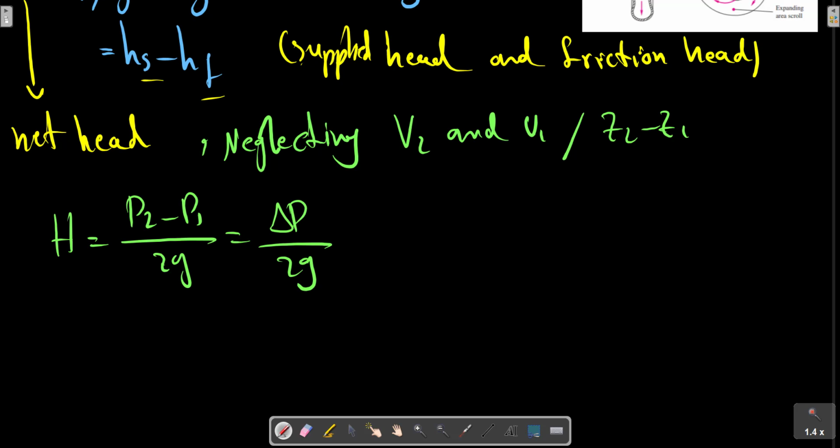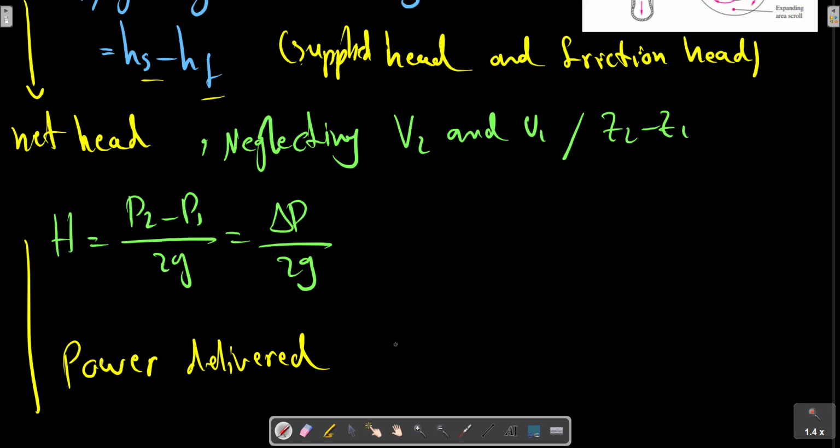The power delivered to the fluid simply equals the specific weight times the discharge times the net head change. This is traditionally called the water horsepower.